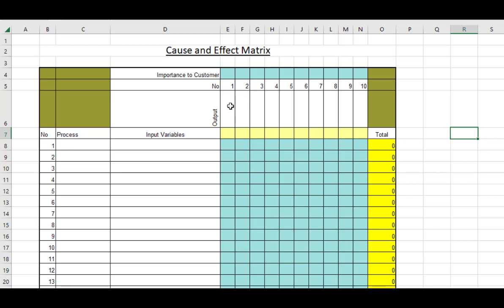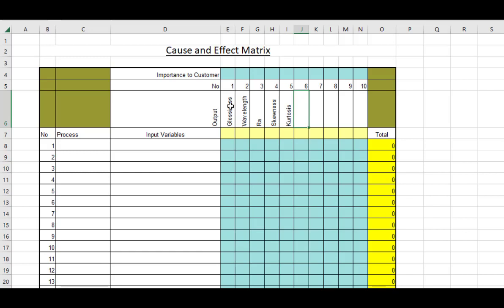Number 1 is the glossiness, then wavelength, then the roughness, surface roughness, skewness, kurtosis.